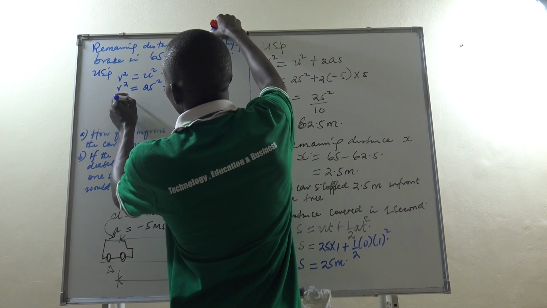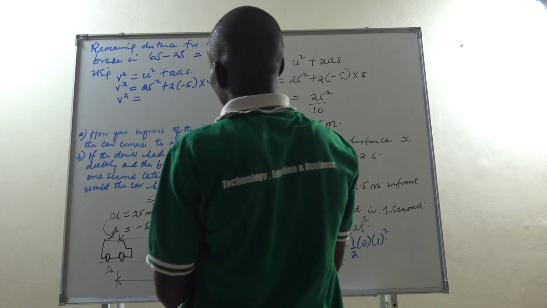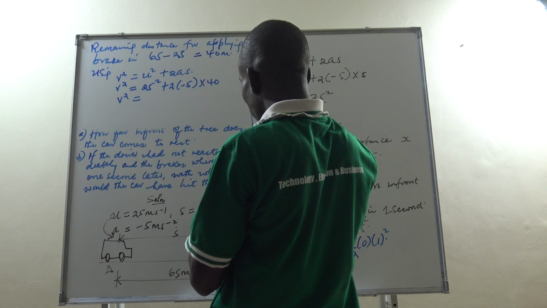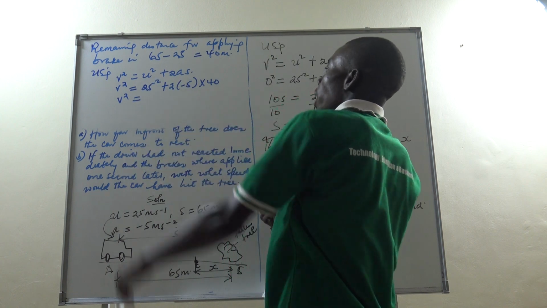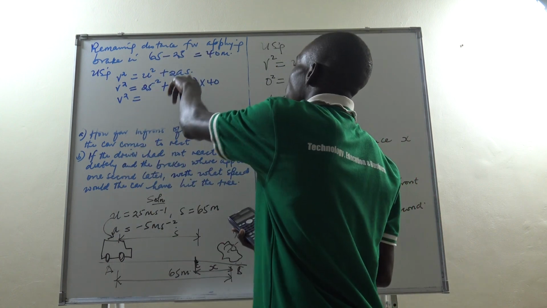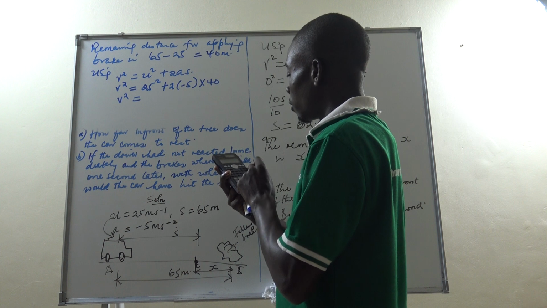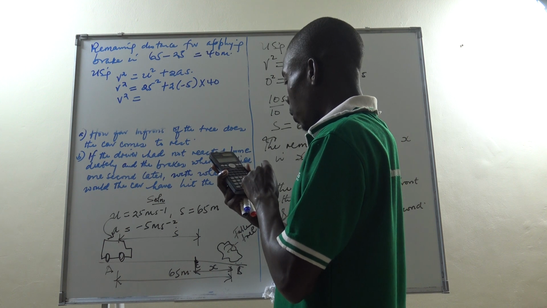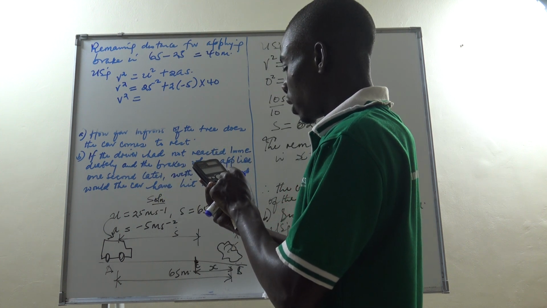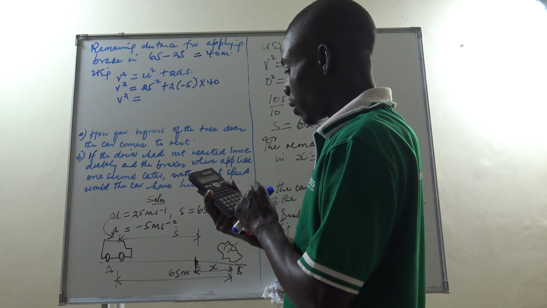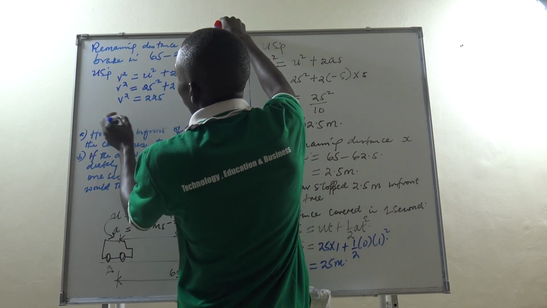So for our v squared, you can now comfortably pick your calculator and press. That is 25 squared minus, this is 10, and now that is 400. And then you press that, you get 225, so v squared is 225, and then take the root of both sides.